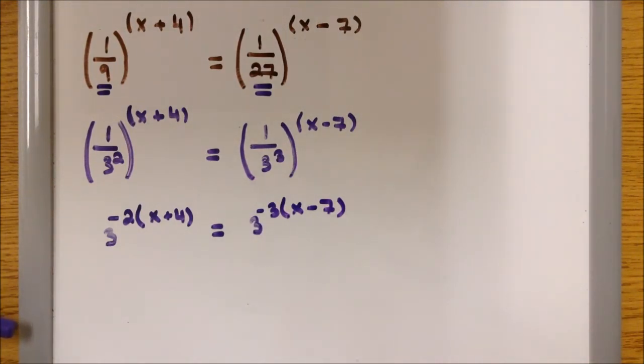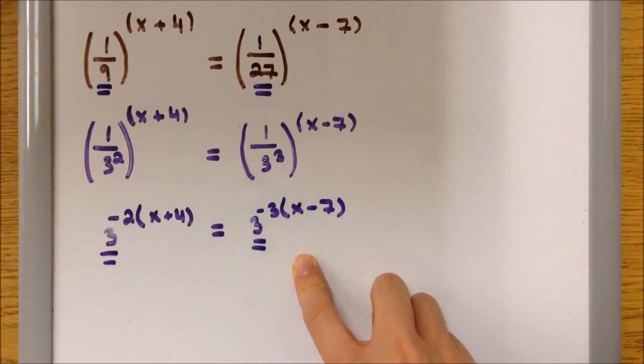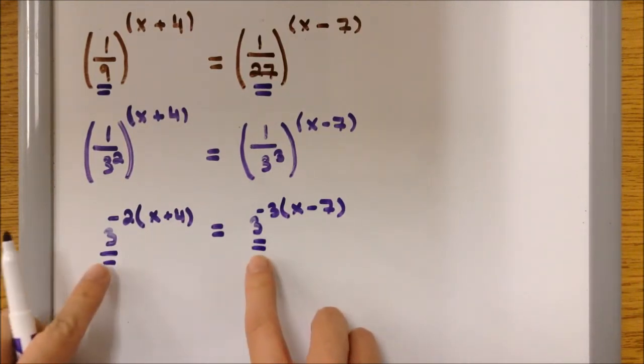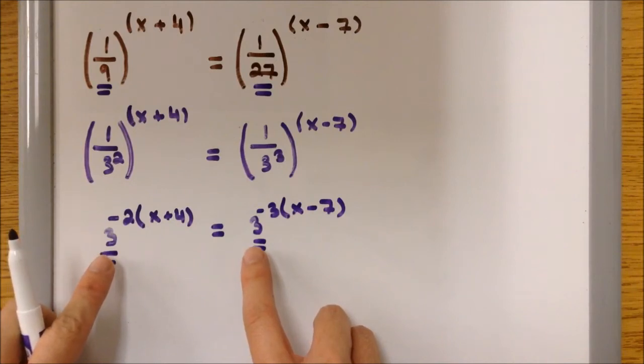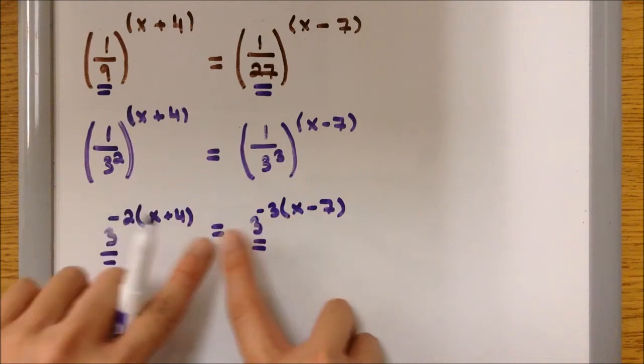Alright, so now we have the same base on both sides. Since the bases are equal to each other, therefore the exponents have to equal each other.